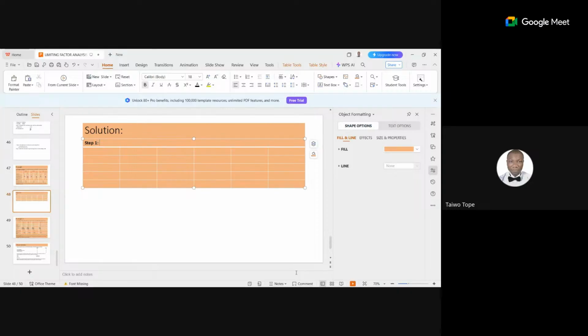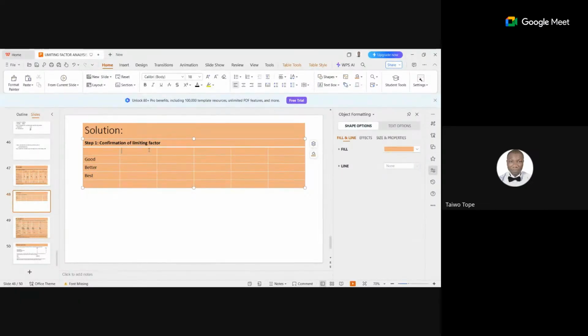Step one: confirmation of limiting factor. So we have three products. We have good, we have better, and we have best.